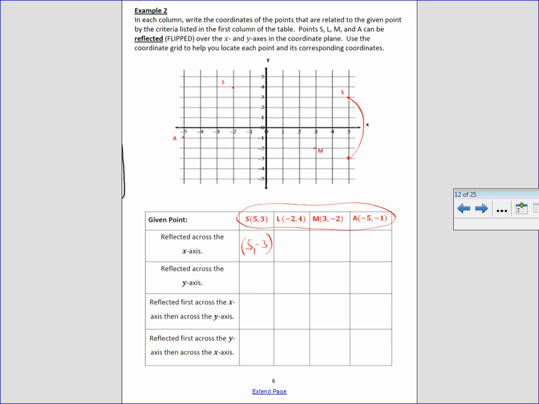What quadrant do I need to go into if I'm reflecting over the y? Reflect over the y. What quadrant do I wind up in? Quadrant 2 is good. Okay, so, full reflection.